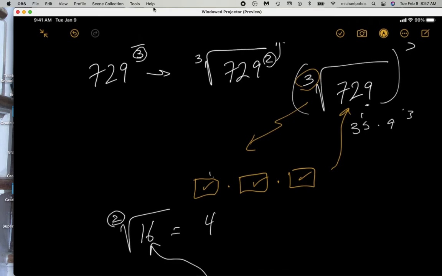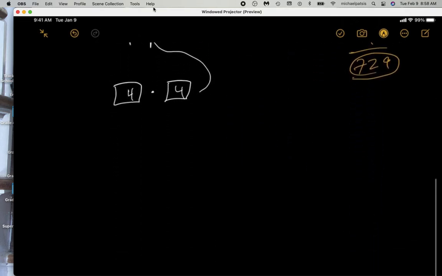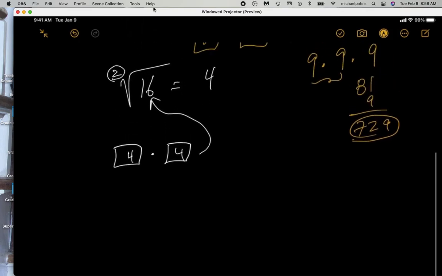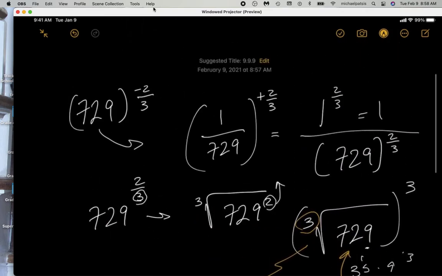And again, when you see 9s and you see 3s, think about 3s and 9s. They go together. It turns out that 9 times 9 times 9 is 81 times 9, and that's 729. So you end up with the cube root of 729 is in fact 9. So now, what do we have here?